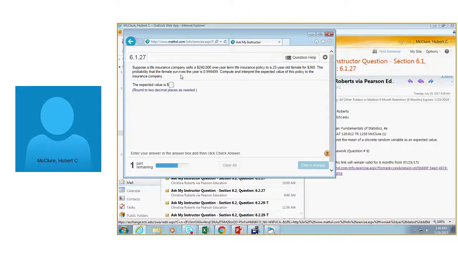All right. Suppose a life insurance company, this is the one we went over in class. Suppose a life insurance company sells a $240,000 one-term life insurance policy to a 20-year-old female for $360. The probability that the female survives is 0.999499.